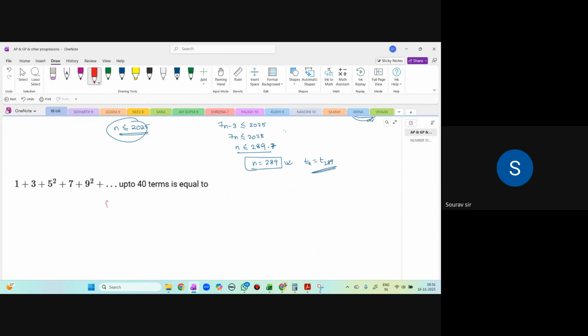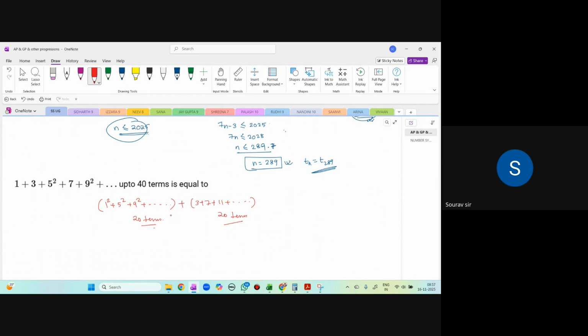So this can be written as 1 square plus 5 square plus 9 square, etc. So there will be 20 terms here, plus 3 plus 7 plus 11, and there will be 20 terms here. Right?